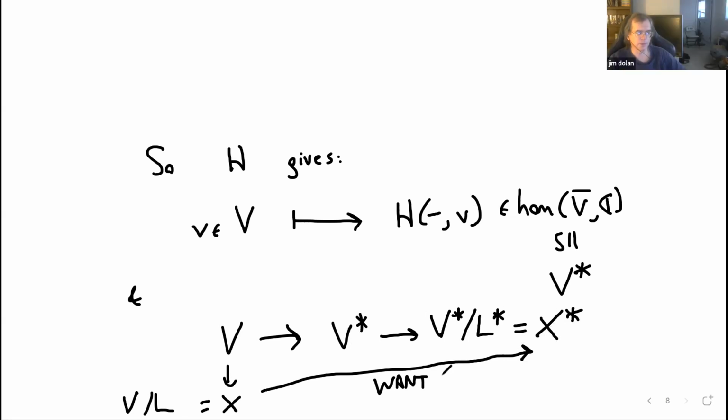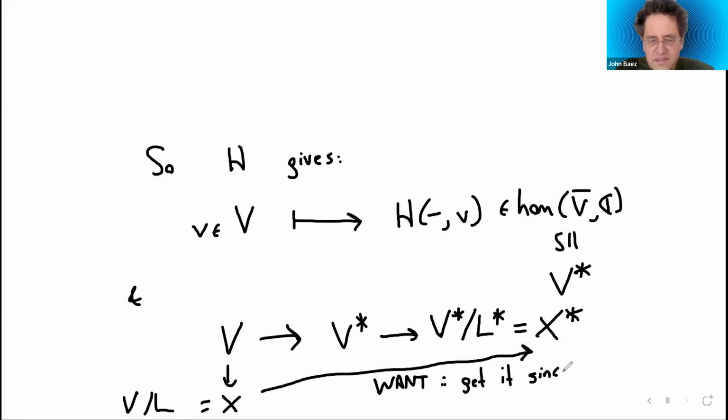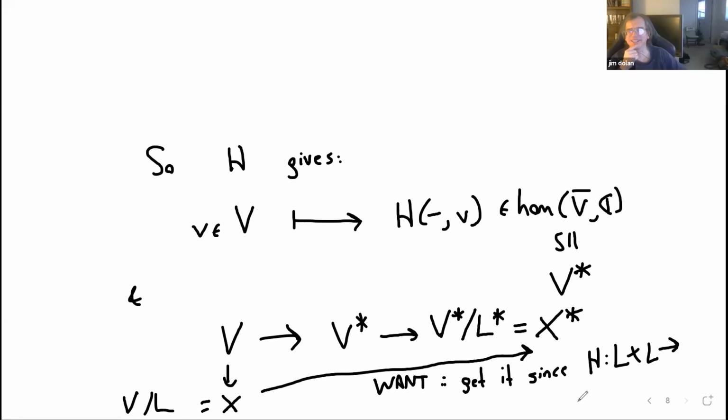So you get it since H takes pairs of lattice vectors to... sorry. Oh no. What is it? H does not take pairs of lattice vectors to the integers.